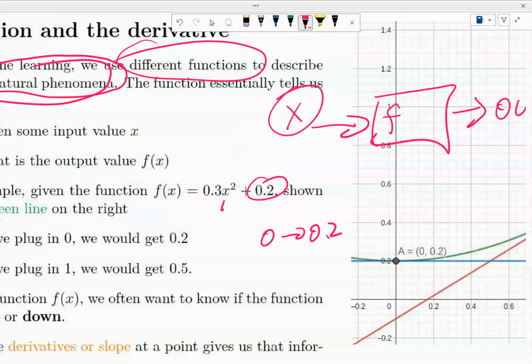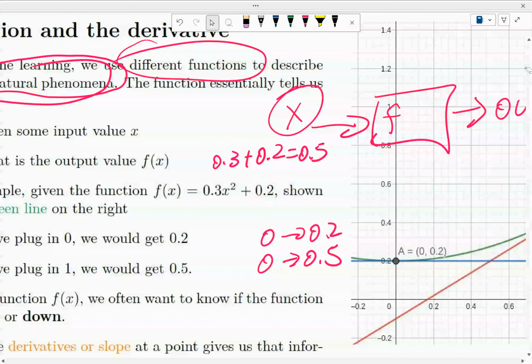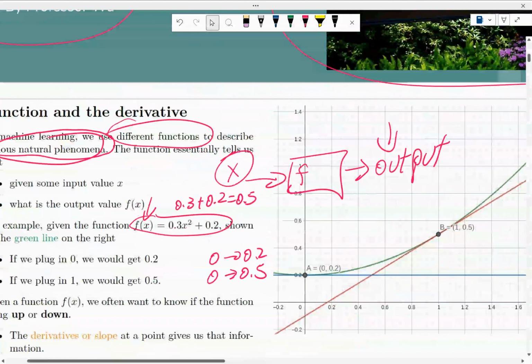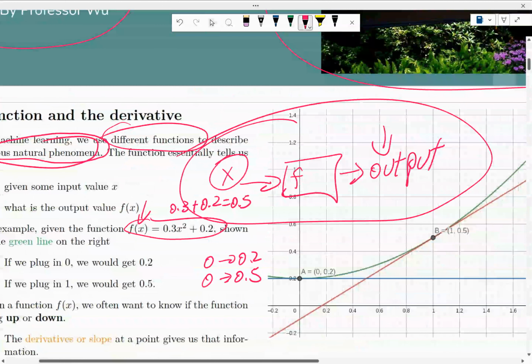If we put in 1, then this is going to be 0.5. Basically, you can put any number you want in here, and the function will give you some kind of output. As I said, this is one way to visualize functions: it's a system, you put something in, you get something out.